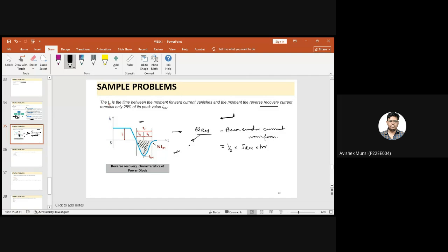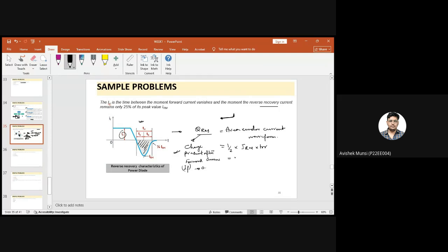That means the charge present after forward current became zero. Forward current, that is this IF, became zero. Okay.